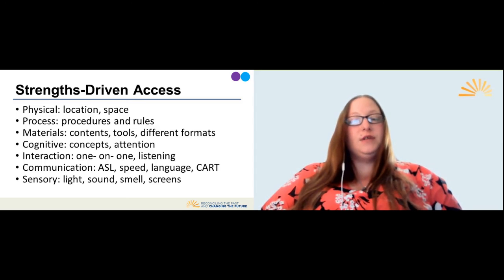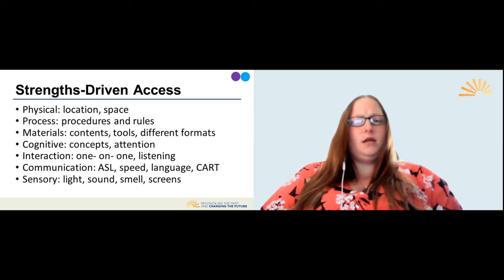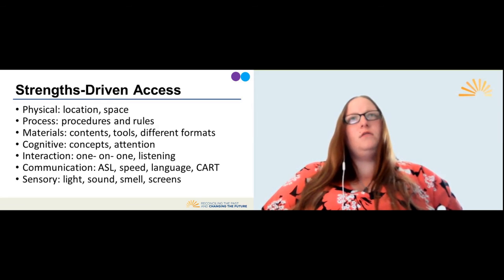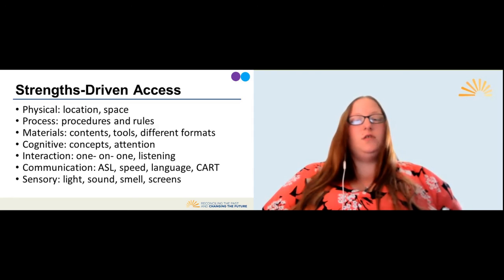Also sensory, so lights, sounds, smells. Computer screens can sometimes be a trigger, so not always using your webcam and following along by listening is also helpful. So they go hand in hand with each other.